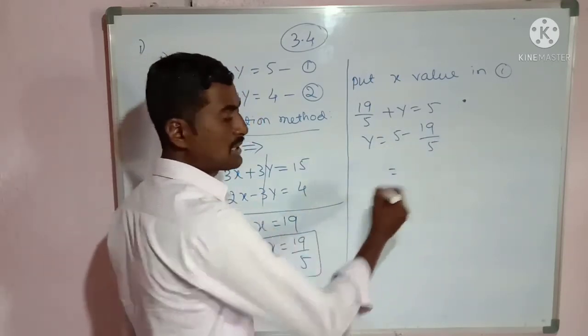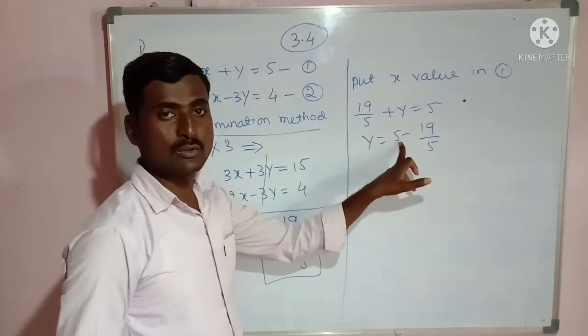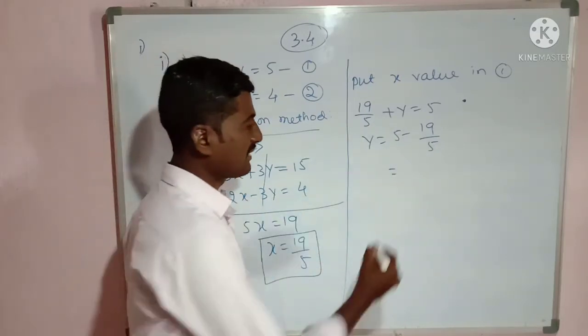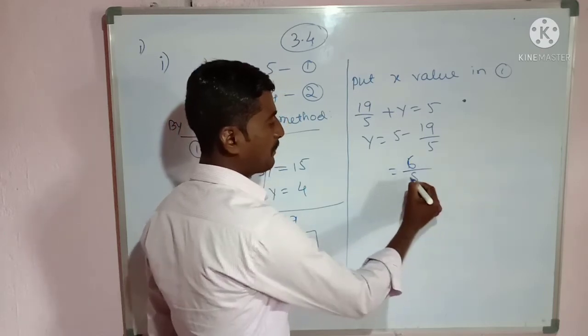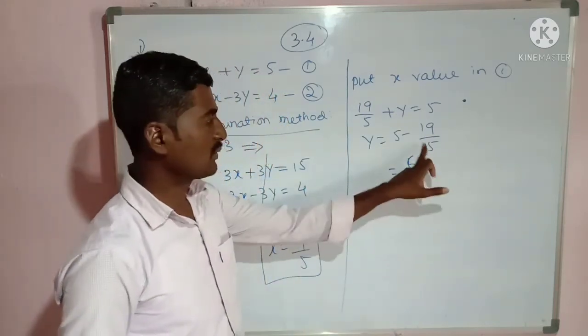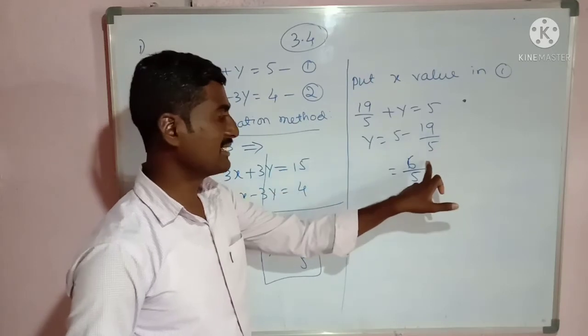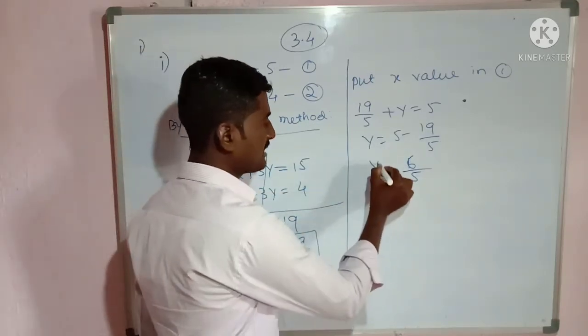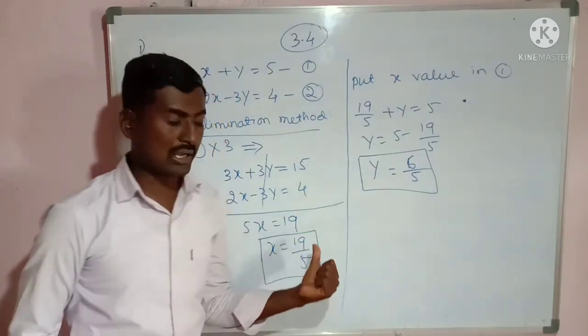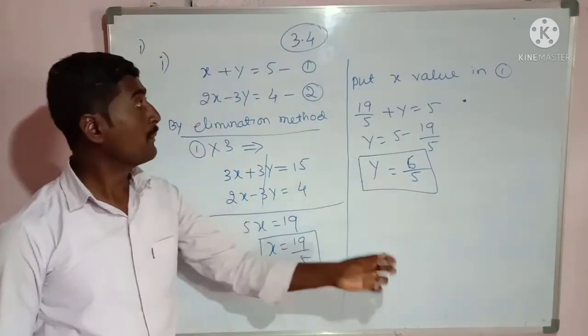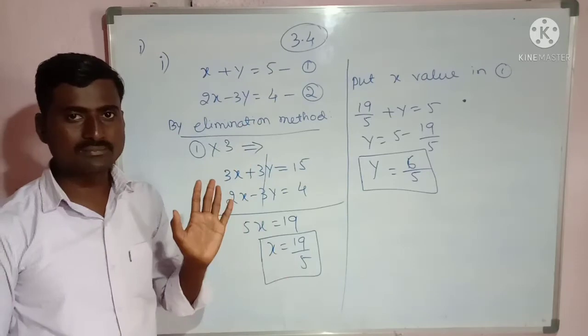Now the LCM is 5. 5 fives are 25 minus 19. 25 minus 19 is 6, divided by 5. Are you getting? So this is the value of y. Now we got the value of x and y by elimination method.